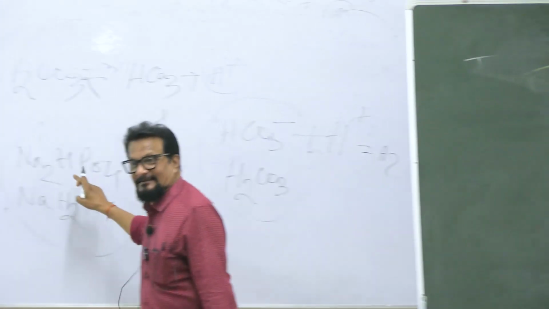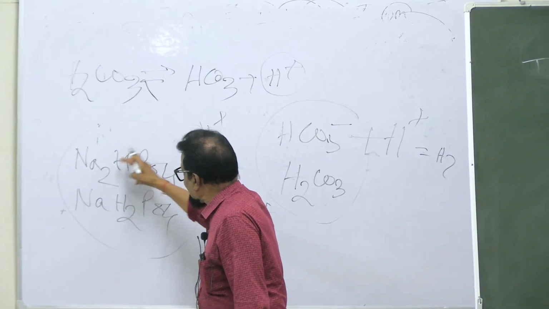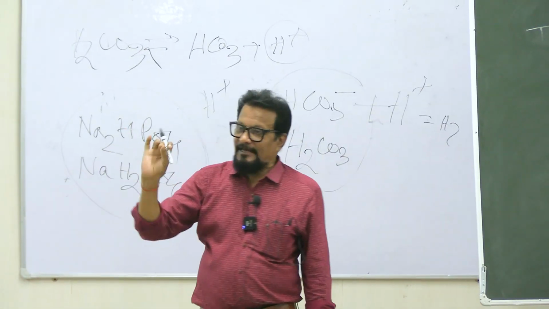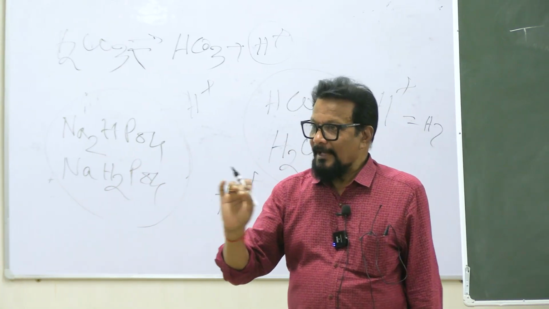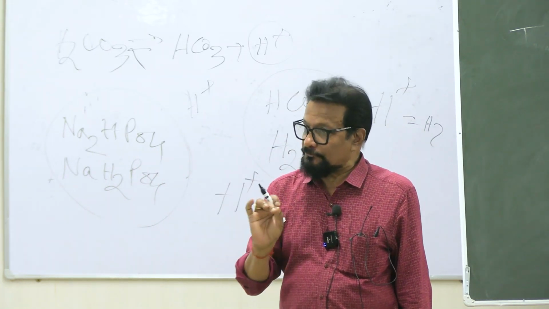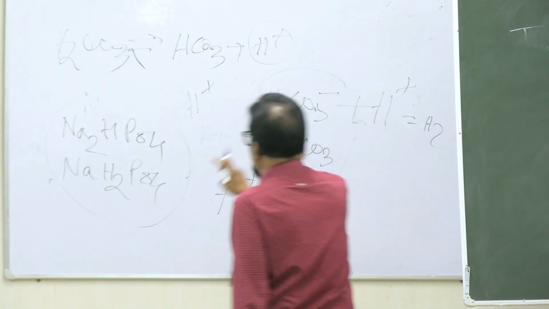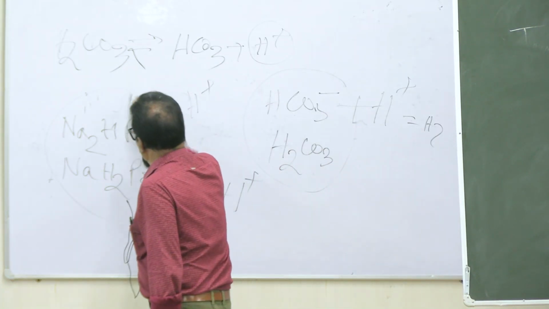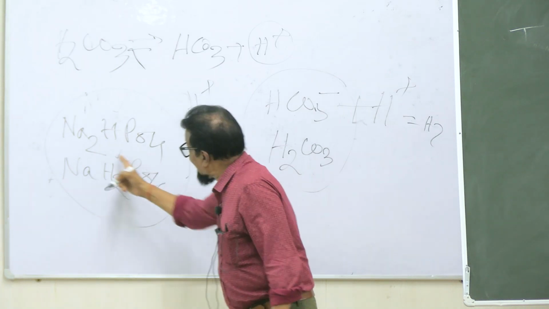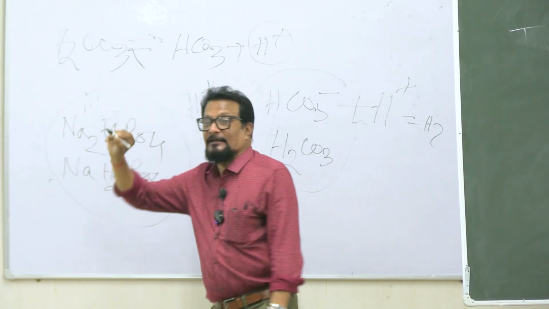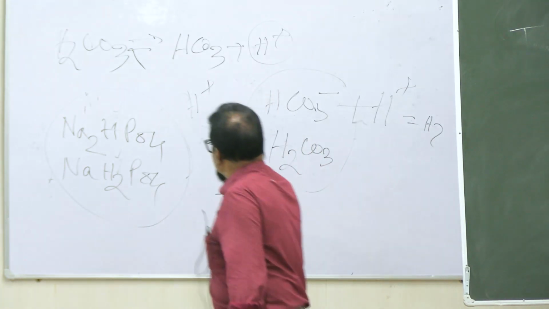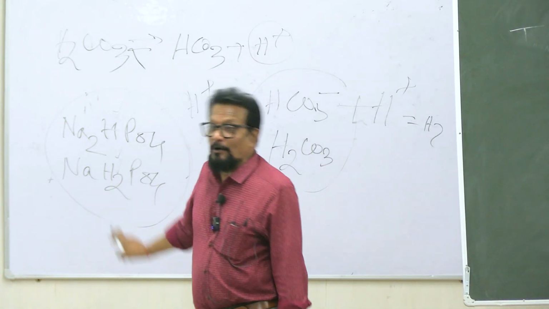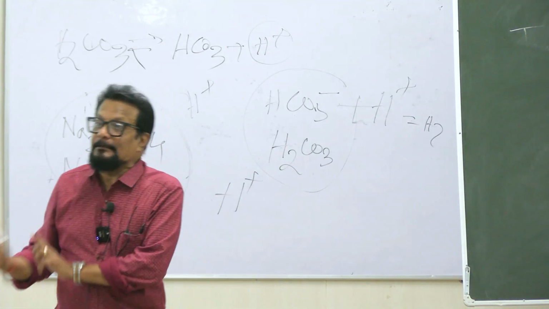Which one is acidic? There is one weak acid and a salt of a weak acid with a strong base. So which is acidic? This one can donate a hydrogen ion. Definitely this is the acid; the other already has two hydrogen atoms, so it will not take part.